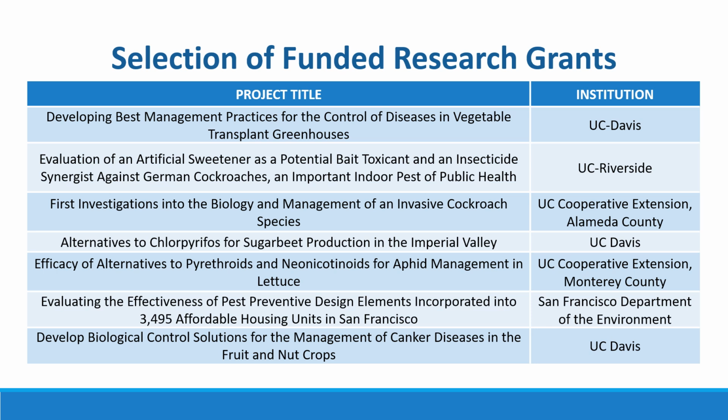Things like best management practice development, evaluating novel toxicants, the development of better understanding of biology of invasive cockroaches, searching for alternatives to chlorpyrifos after its cancellation for sugar beet production, finding alternatives to pyrethroids and neonicotinoids in lettuce, working to evaluate the effects of previously installed design elements in affordable housing, and conducting a survey of biocontrol solutions for canker diseases in fruit and nut crops.